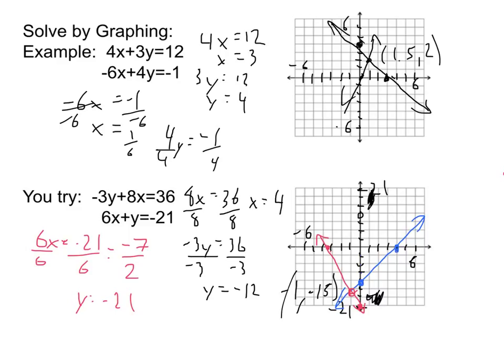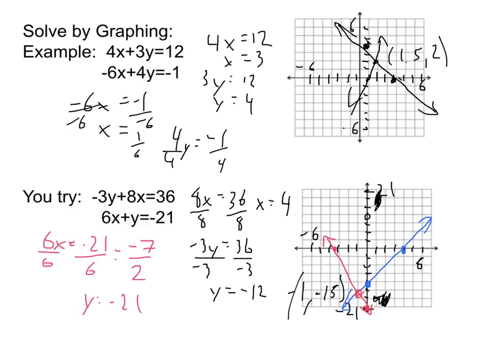It's negative 27/26, comma, negative 192/13. So you can see graphing definitely has its disadvantages.